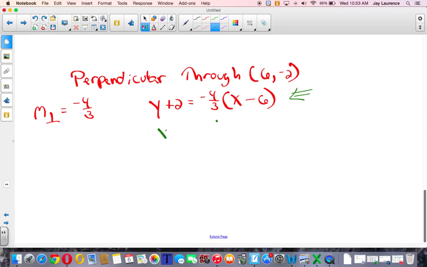But to convert to slope-intercept form, I would just distribute that -4/3. So I'll get -4/3 x plus 8, because 3 goes into 6 2 times, times 4. And then I'll subtract 2, y will equal -4/3 x plus 6. There you go. So there's the point-slope form. This is the slope-intercept form. They produce the same line. Pretty easy stuff.